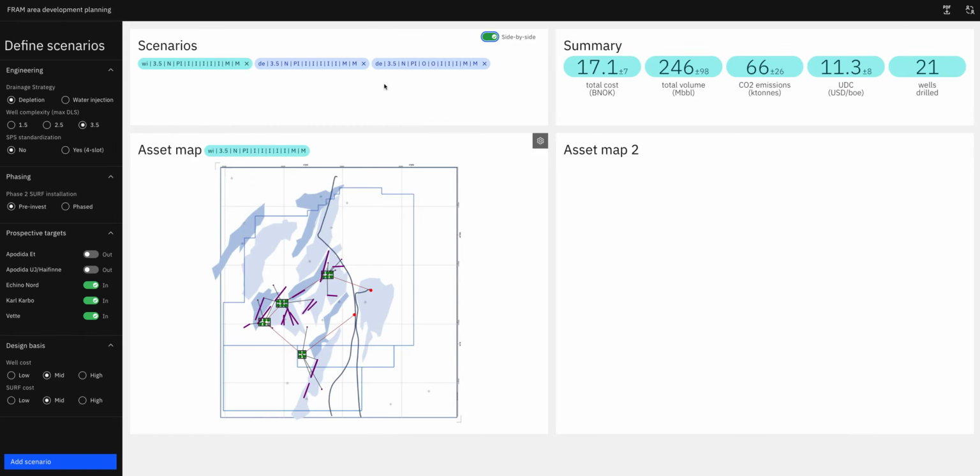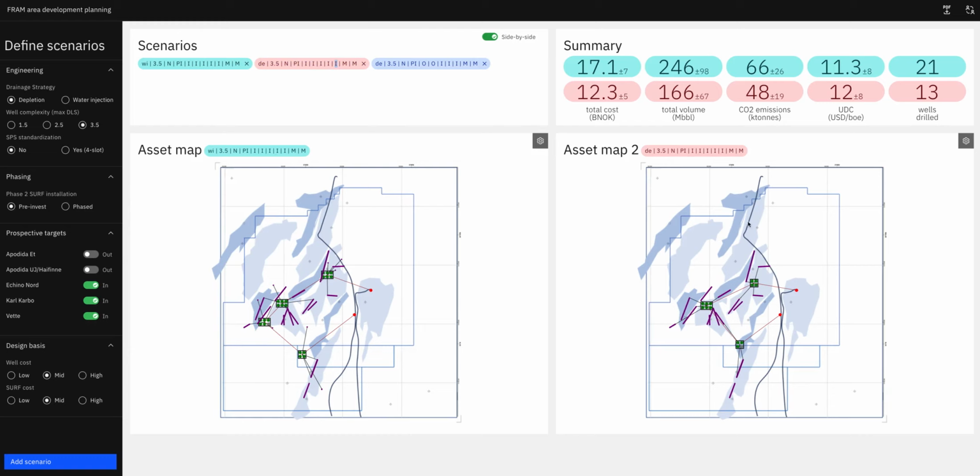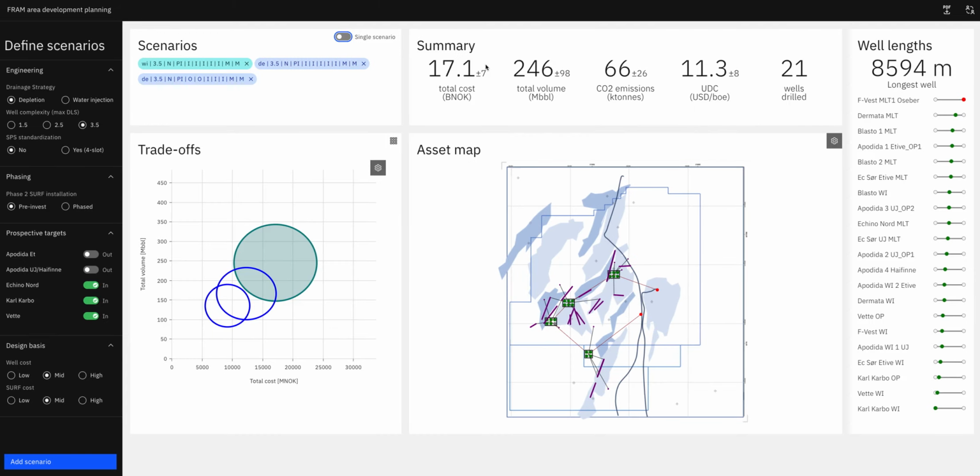You can compare some of these scenarios next to each other, just to look at how different that subsea configuration would be, how different are the metrics associated with each of the scenarios. And this then allows them to, this is a project going to the equivalent of DG1 in Shell, so an early phase of the development, but this allows them to make decisions. Now, do we want to standardize on our subsea templates?